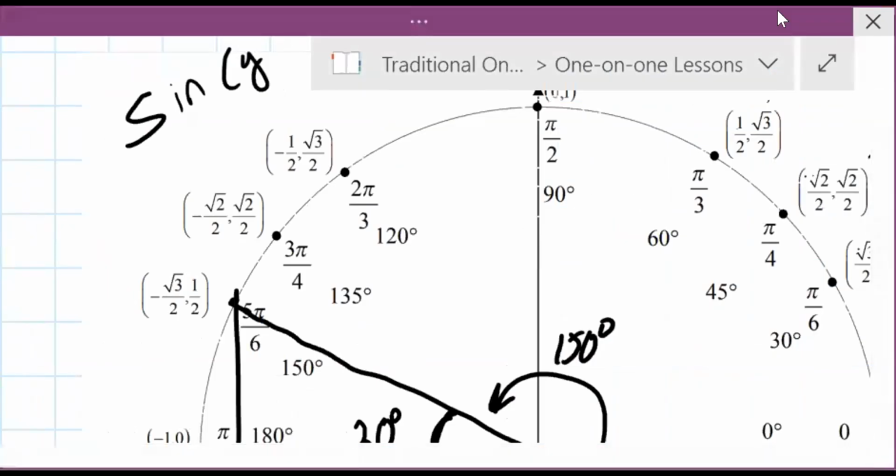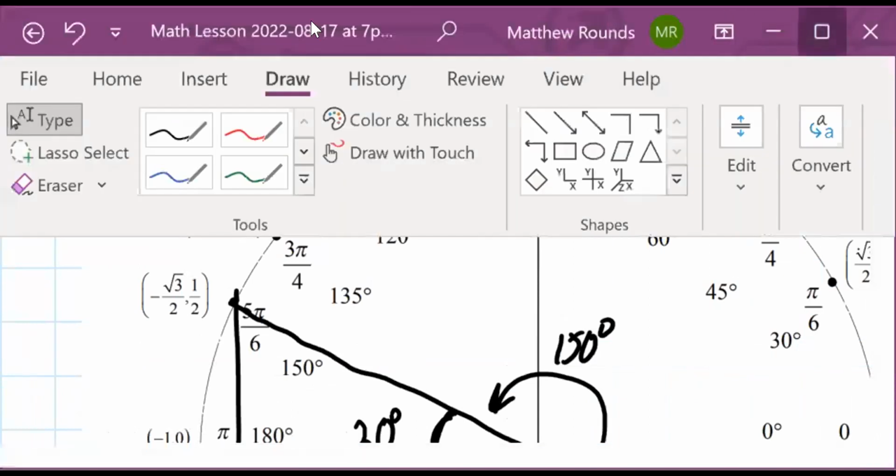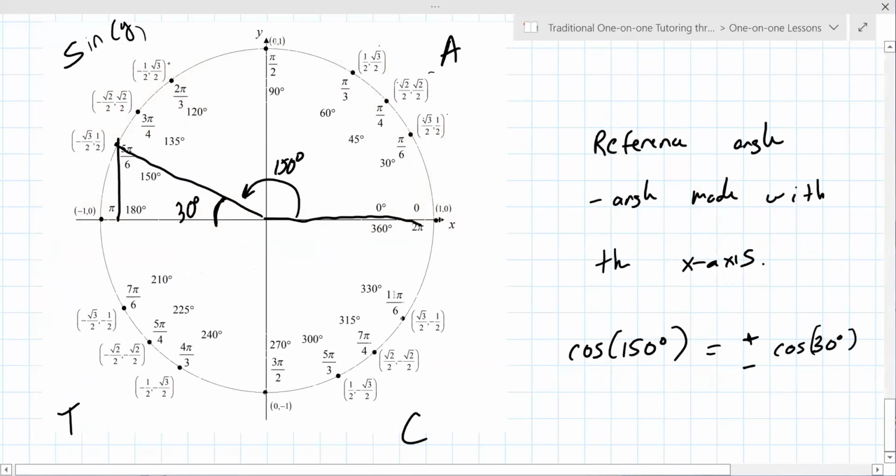Let me see if I can correct that. There we go. The y values in the second quadrant are positive. So see how they're positive here? The letter S in this case means that sines are positive, the y values are positive, but it also means that everything else is negative. So the cosine is negative in that quadrant.